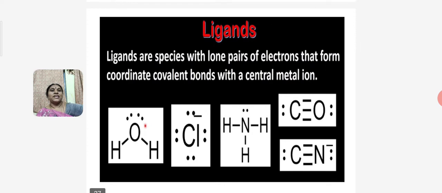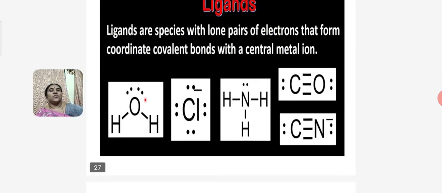There are so many ligands, and some of the ligands are illustrated here. And the definition of ligands is also specified. You can see ligands are the species with lone pairs of electrons that form coordinate covalent bonds with a central metal ion. So what happens in a coordination sphere? The ligands donate a lone pair of electrons towards the central metal atom and form a coordinate covalent bond.